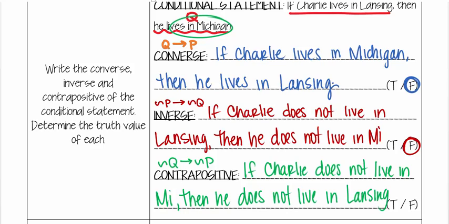If somebody doesn't live in Michigan, they can't live in Lansing. That's definitely true. If you are nowhere in Michigan, you definitely can't be in Lansing. We will do much more practice with this, but if you have a specific question, make sure you write it down.